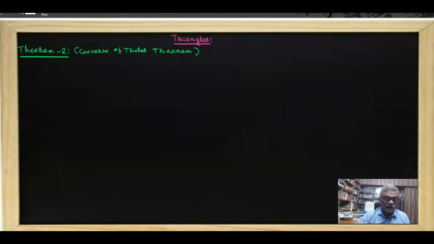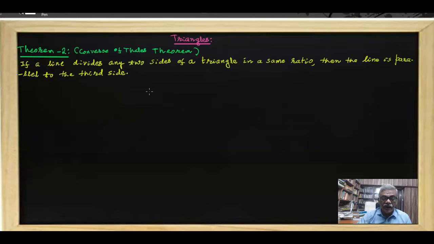As I have told, the converse theorem states: if a line divides any two sides of a triangle in the same ratio, then the line is parallel to the third side.